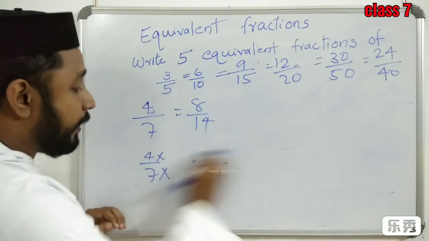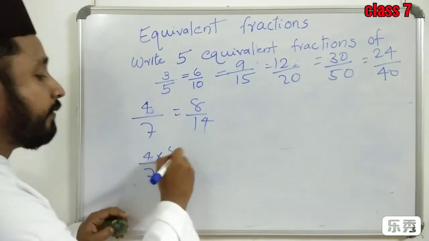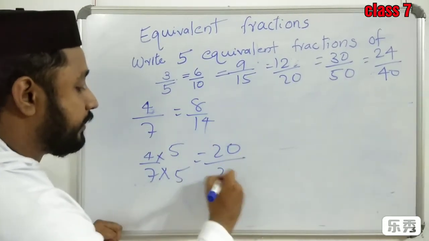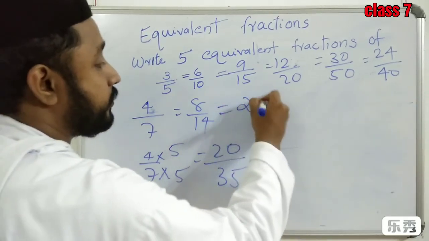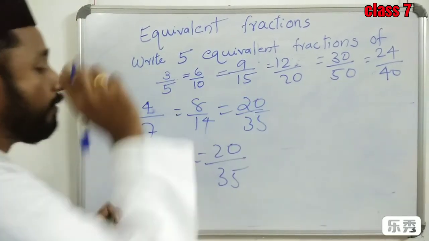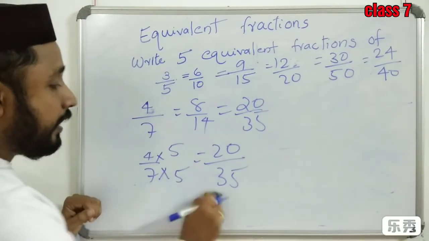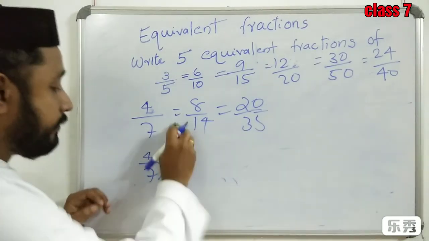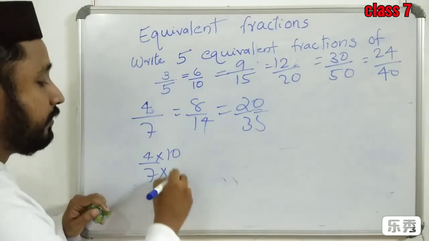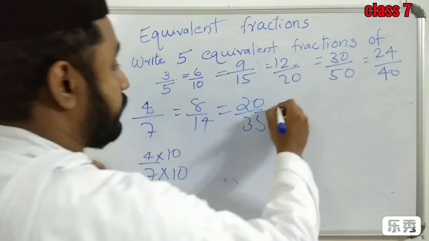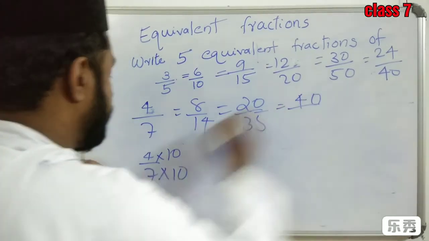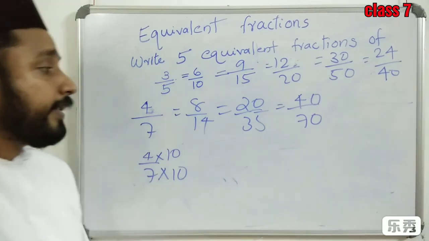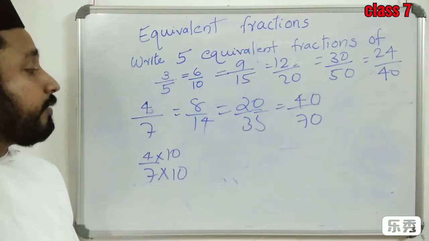Now, I am going to multiply with 5. What will be the answer? 4 into 5, 20. 7 into 5, 35. So, which is equal to 20 by 35. Another equivalent of 4 by 7. Another equivalent of 4 by 7 is to multiply with 10. 4 into 10 is 40, 7 into 10 is 70. So, we will get the equivalent of 4 by 7.